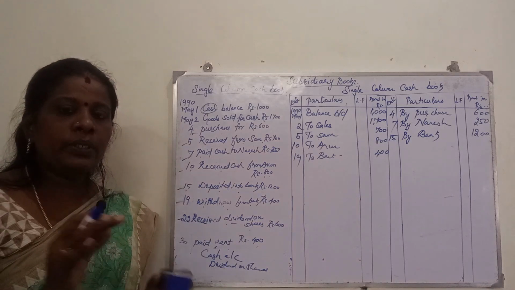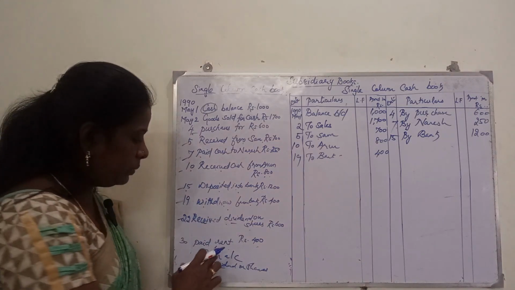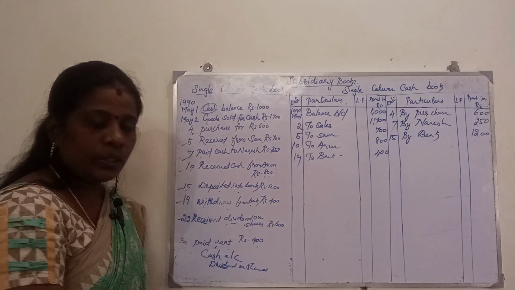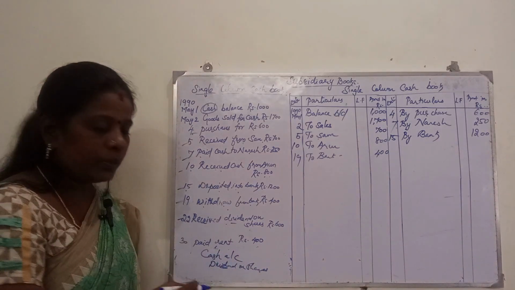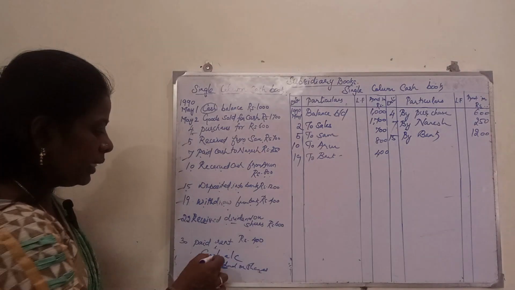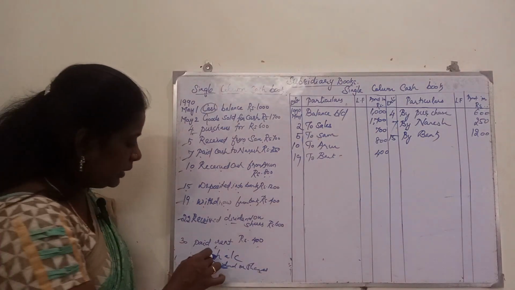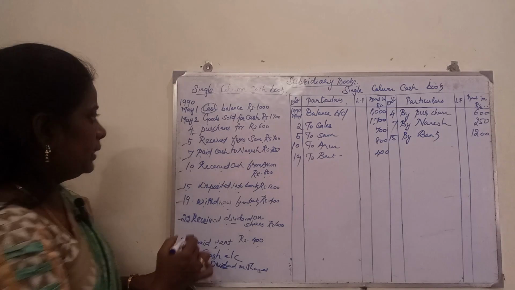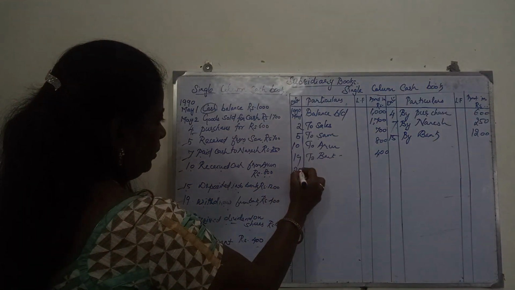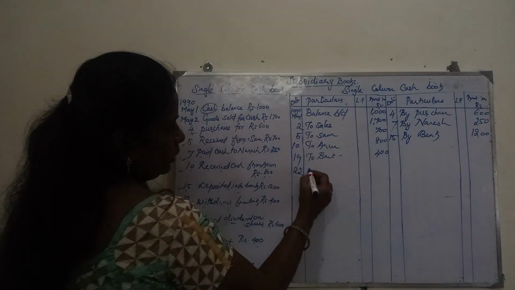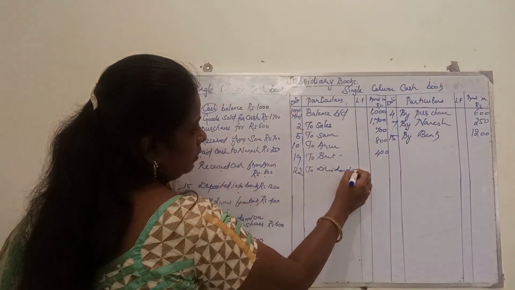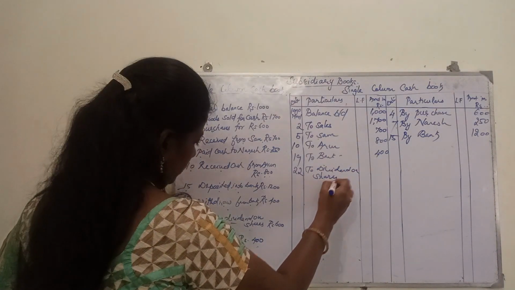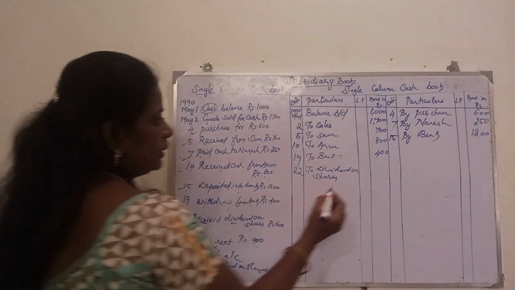If it is expenses, particular expenses have to be debited. According to the rules, all incomes are to be credited. Cash comes inside the business, so it is debited. So cash is on the debit side. Then on the 22nd, the opposite is dividend on shares. The amount is rupees 600.